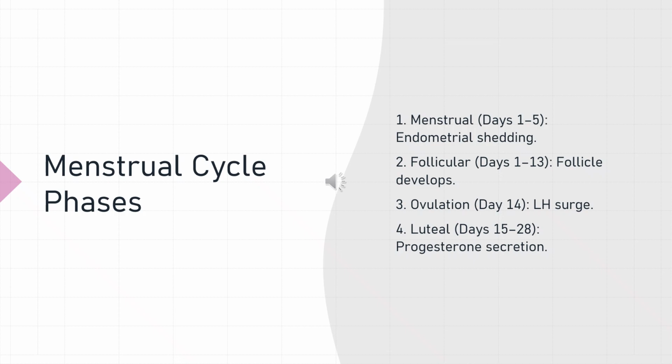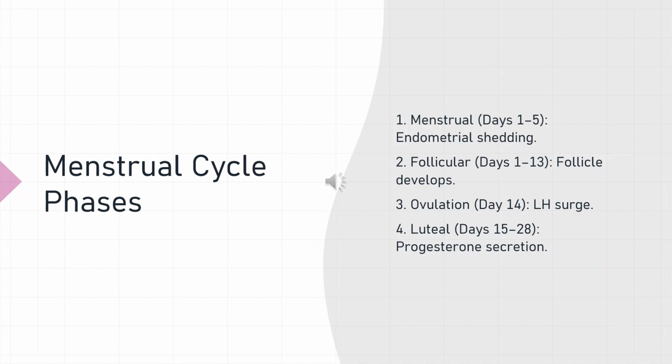Stage 1 is typically days 1 through 5. This is the menstrual phase. This is where the cycle begins and the endometrium sheds, producing menstrual bleeding. During this time, estrogen and progesterone levels are very low, and those hormone levels dropping helps trigger that shedding to occur.